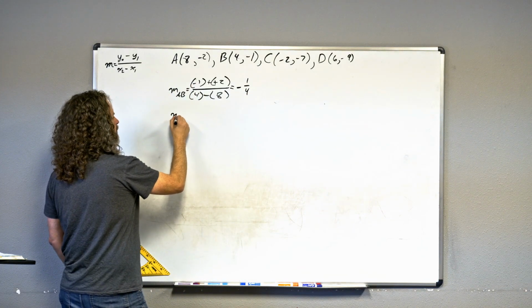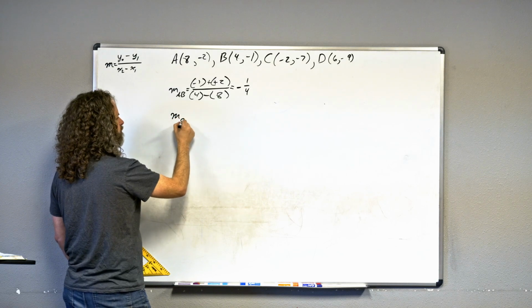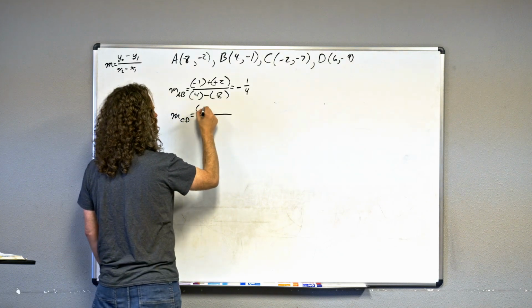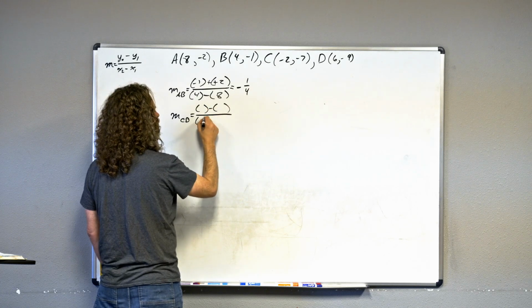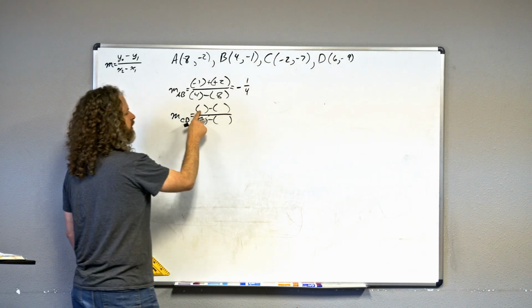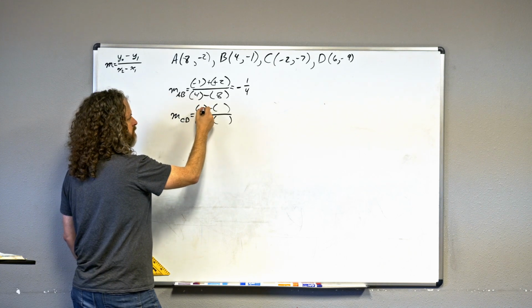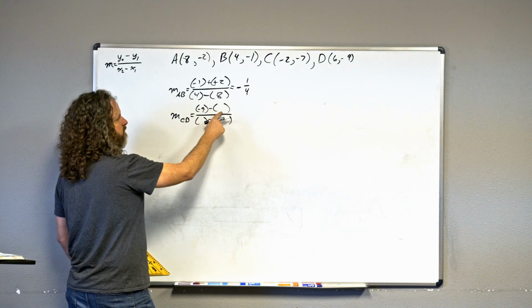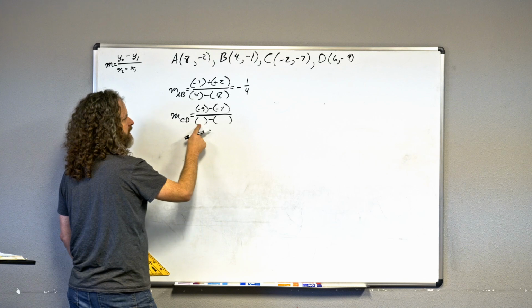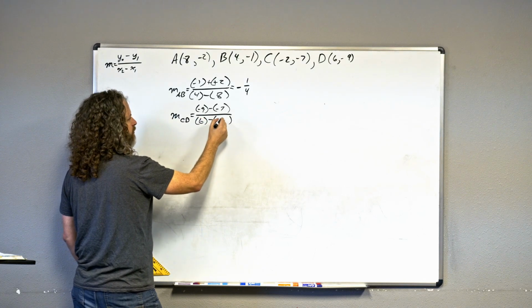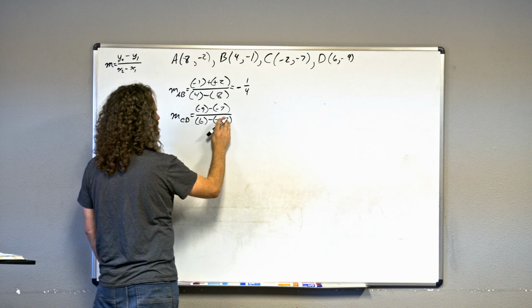And then we find the slope between C and D. What's going to go right here? -9. And here? -7. What about this one? 6. And finally, -2. Great.